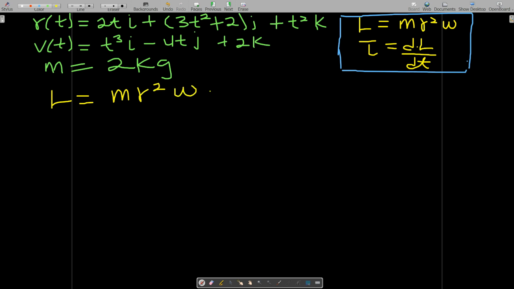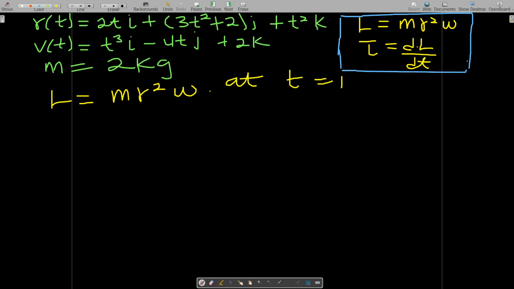Now you're supposed to find the angular momentum at time t equals 1 second. Once we know the time, we can simply evaluate r at t equals 1 and omega at t equals 1 and multiply them straight, because if we have to find r squared in terms of t and omega, then we'll be dying a lot.